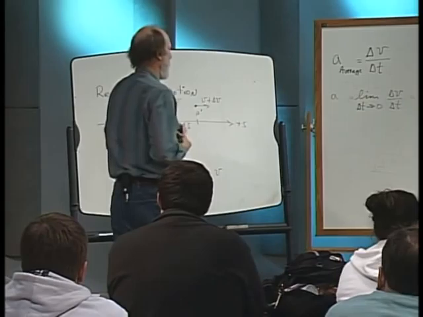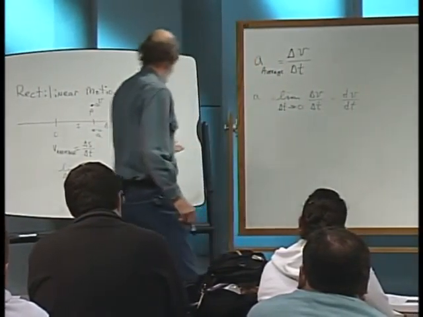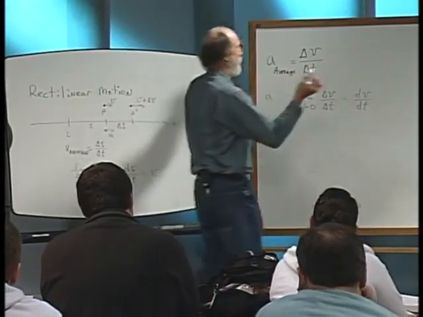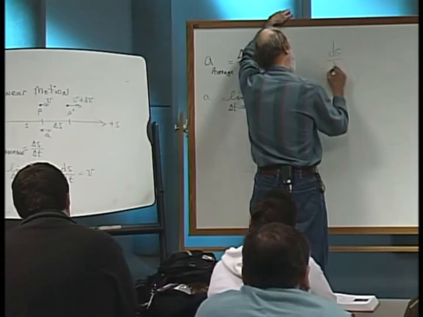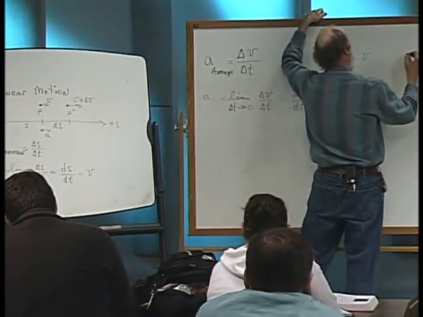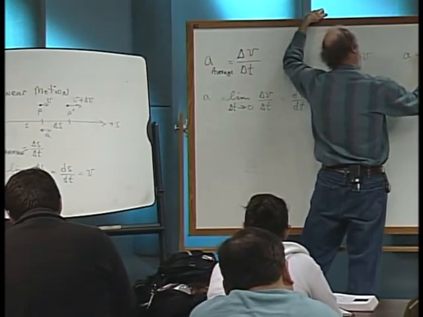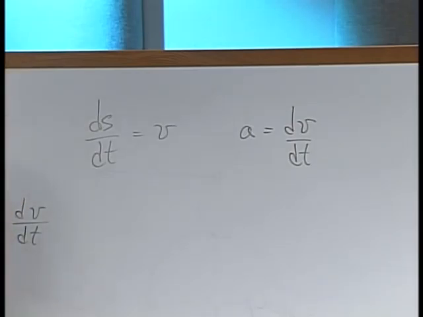Okay. Now, what they do not mention in the book is that this mathematics right here, which essentially are two differential equations, this one, ds/dt equals v, and this one, acceleration equals dv/dt, these are first order ordinary differential equations.